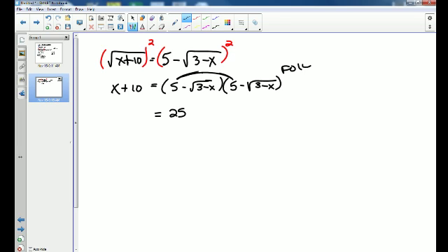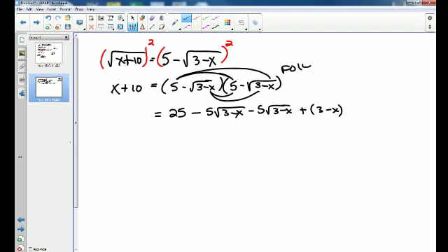And then outers, right? Five times root 3 minus x. First, outer, now the inners, right? And then the last times the last, plus minus x.